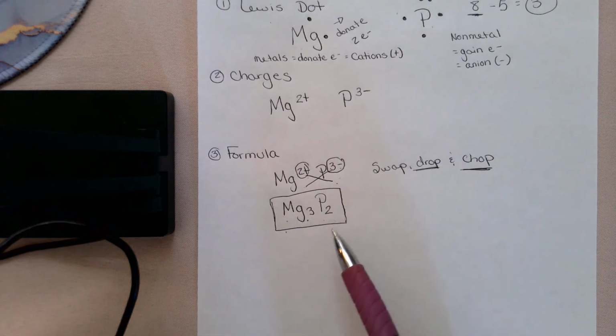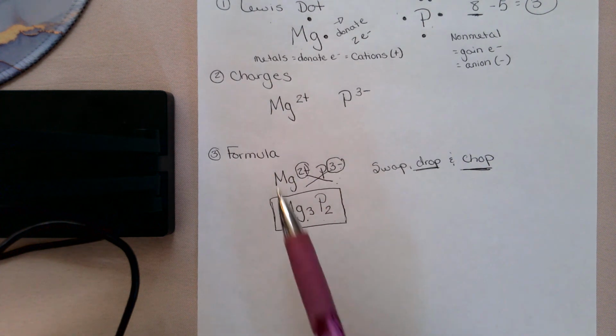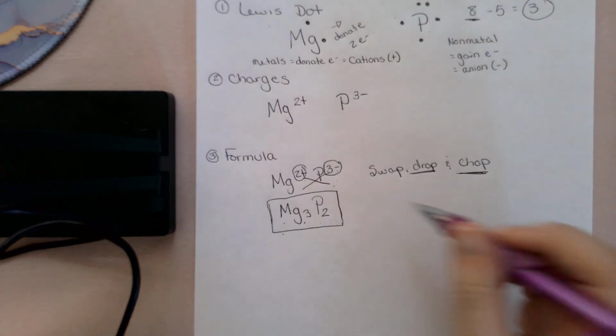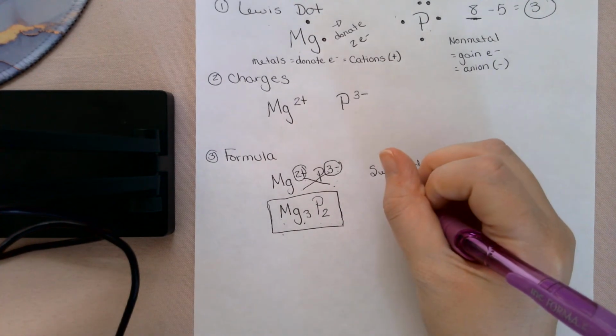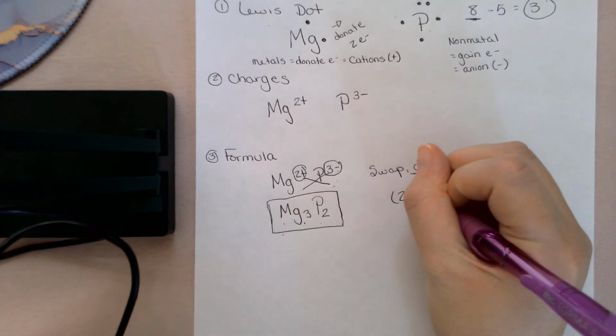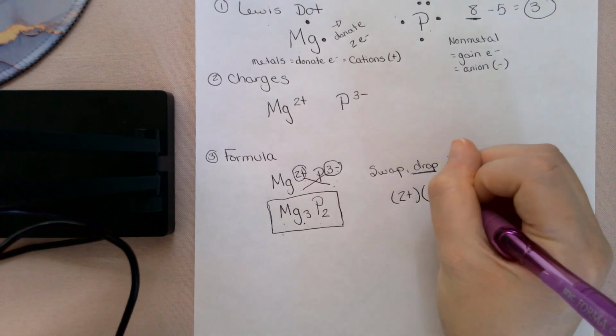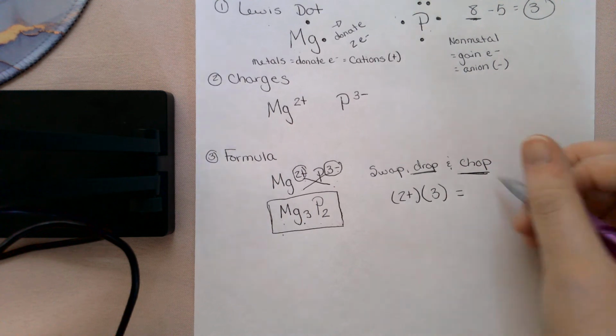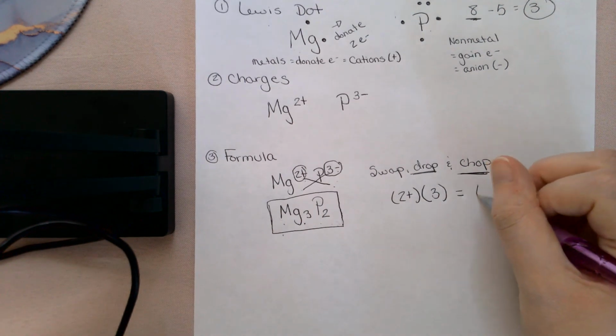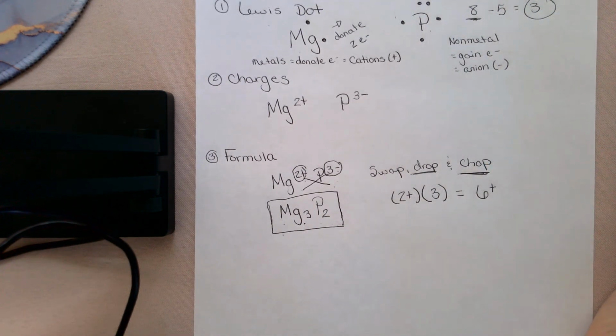And you can double check yourself too, because remember the compound itself has to be neutral. So if magnesium has a 2+ charge and there are 3 atoms of magnesium, that means in this compound, that would be 6 plus, right?